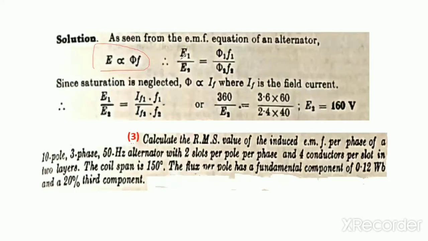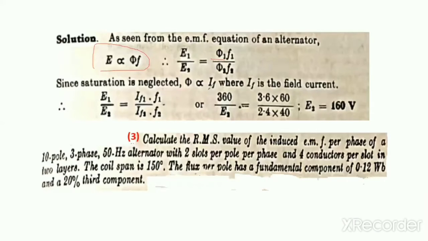Therefore, we write down the equation for E1 and E2. E1 by E2 is equal to phi1 F1 by phi2 F2, where phi is the flux and F is the frequency. Since the saturation is neglected, phi is directly proportional to IF, the field current.